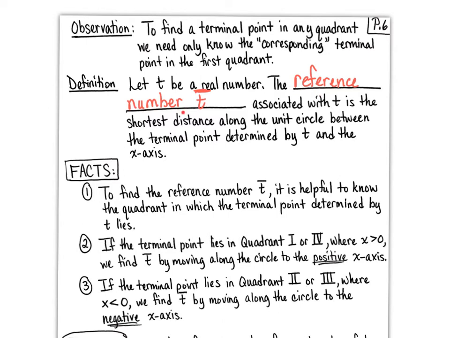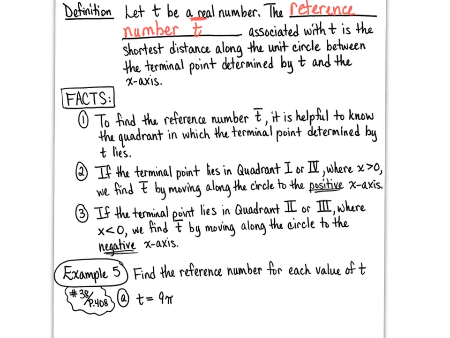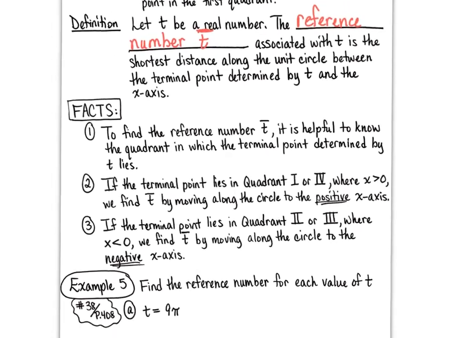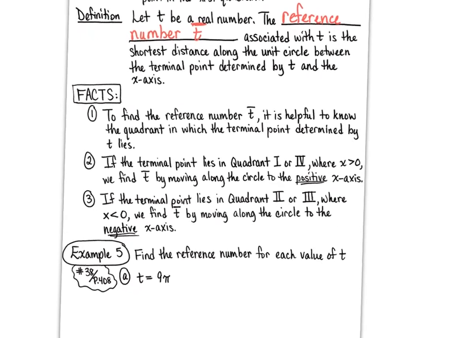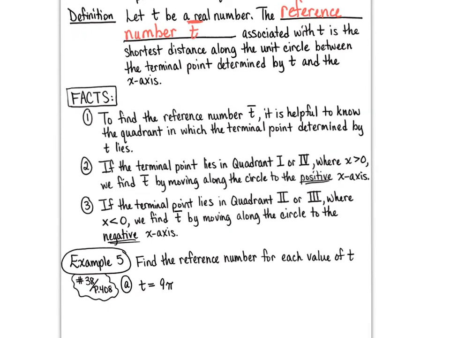So the reference number t bar associated with t is the shortest distance along the unit circle between the terminal point determined by t and the x-axis. So, some facts that you need to know. 1.